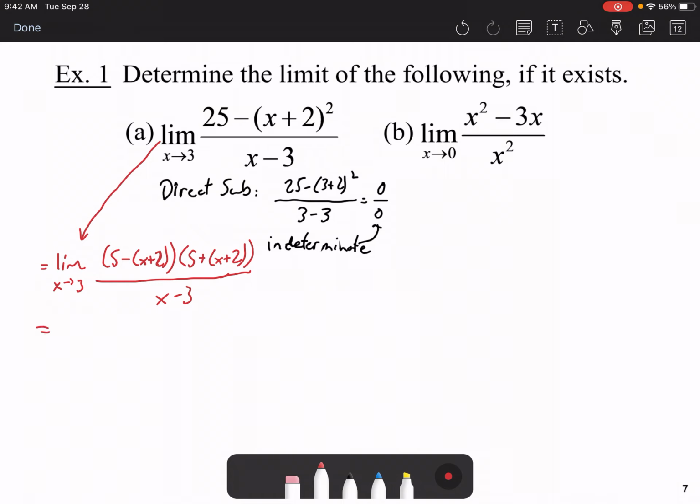Okay, so our first expression actually turns out to be 3 minus x, and the second expression turns out to be x plus 7. Well, there you might notice that the 3 minus x and the x minus 3 can cancel out. So I'm going to cancel that out.